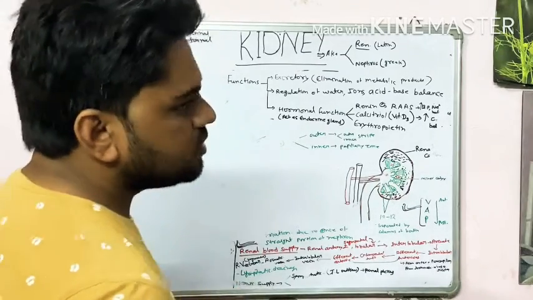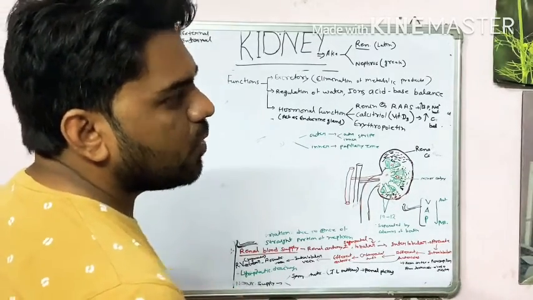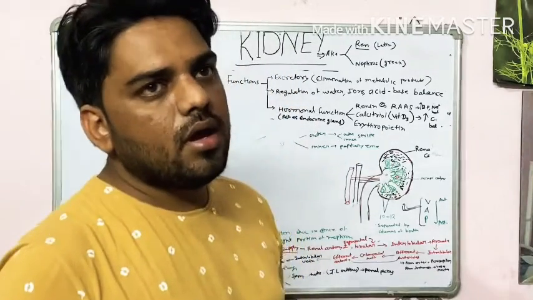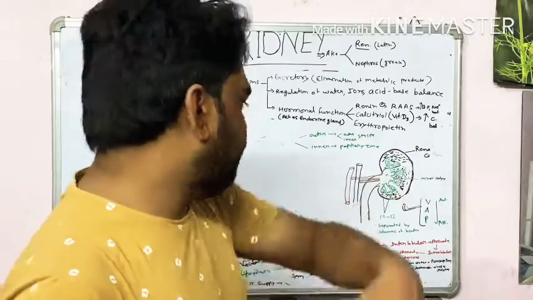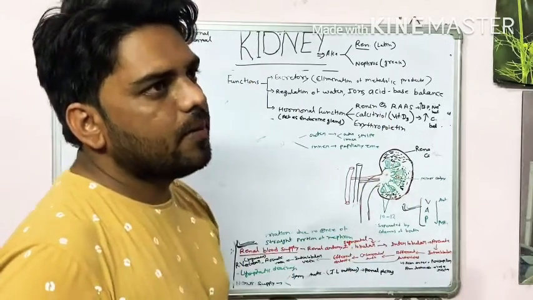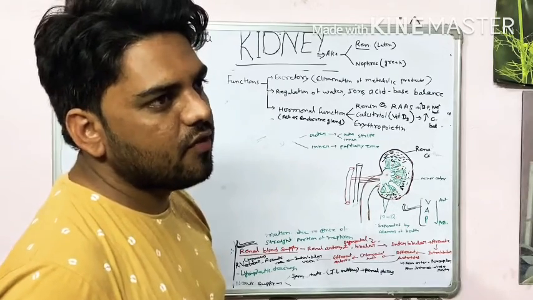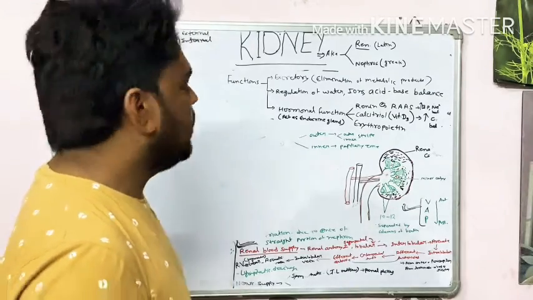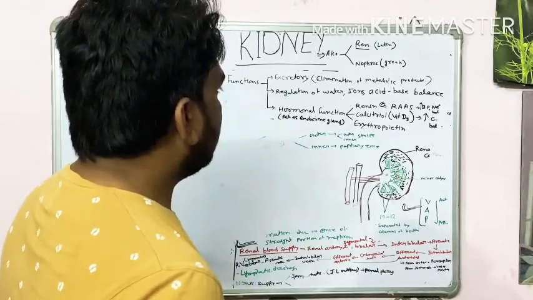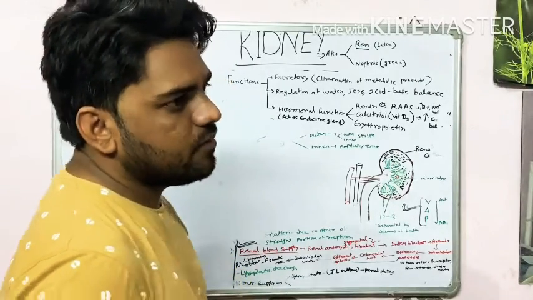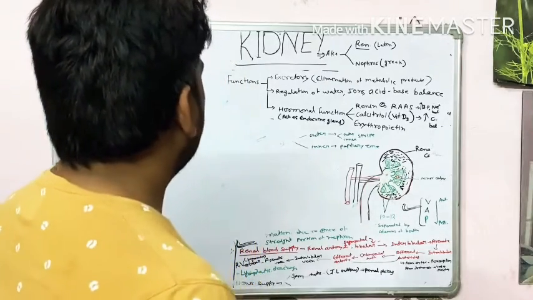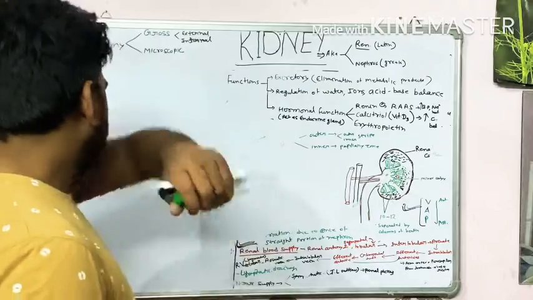And one more thing is trauma. If somebody is injured by a sharp weapon like a knife, or a gunshot, we can damage our kidney through all these things. This is renal trauma.